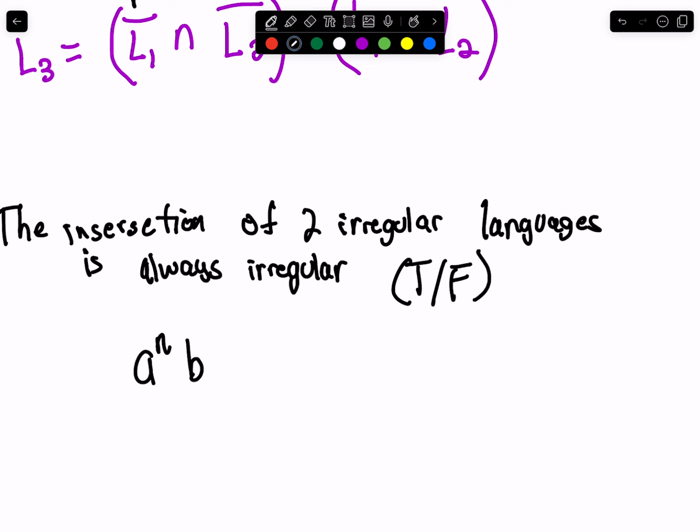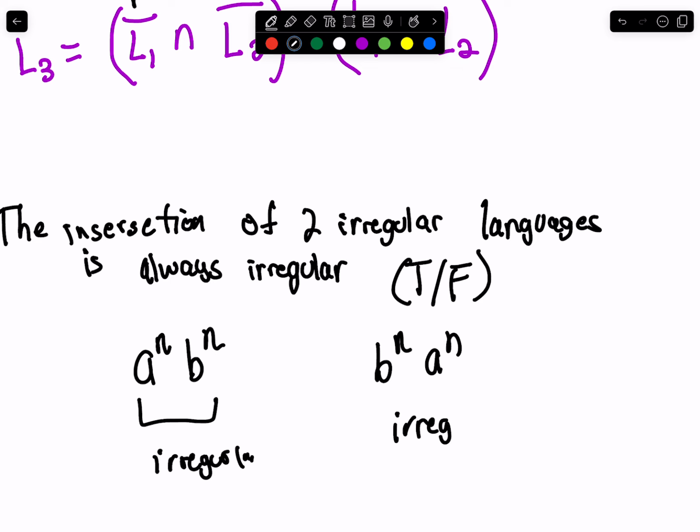Great. So this is a known irregular language, and then we take b to the n, a to the n, which is also irregular. We take the intersection of these two, and then we get the empty set.